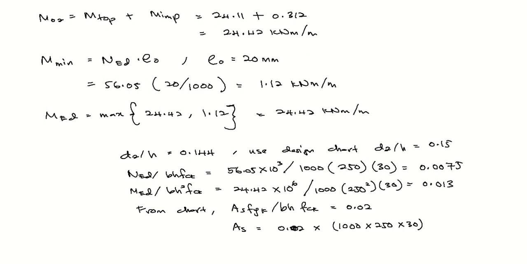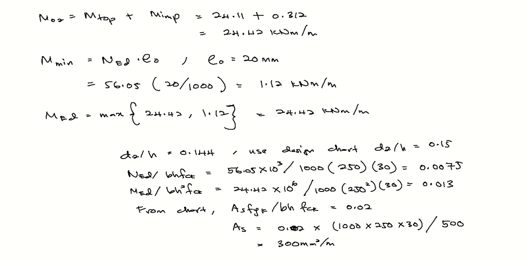And then FYK will also go to the right side, divided by FYK, which is 500. You will get around 300 mm square per meter.